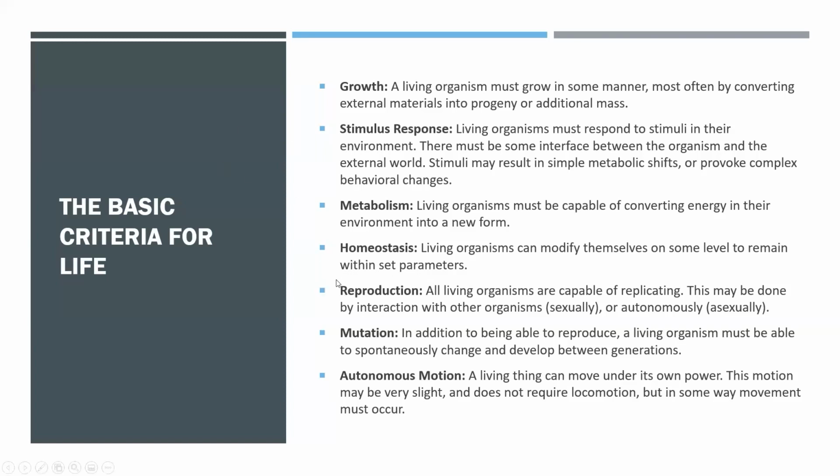Reproduction. So all living organisms are capable of replicating. So this can be done either sexually. If you've taken Bio 1, we talked about mitosis and meiosis, the idea of having gametes to make more of themselves, or they can do it autonomously. So a lot of microorganisms reproduce asexually through binary fission. Another basic criteria of life is mutation.